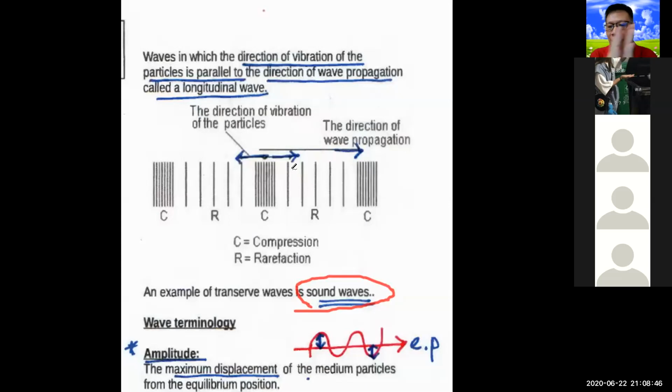Like the earthworm, how the earthworm moves is like that. Compress, open up, compress, open up. So this is longitudinal wave. Only one example: sound. Only sound moves like that. Very easy to remember.